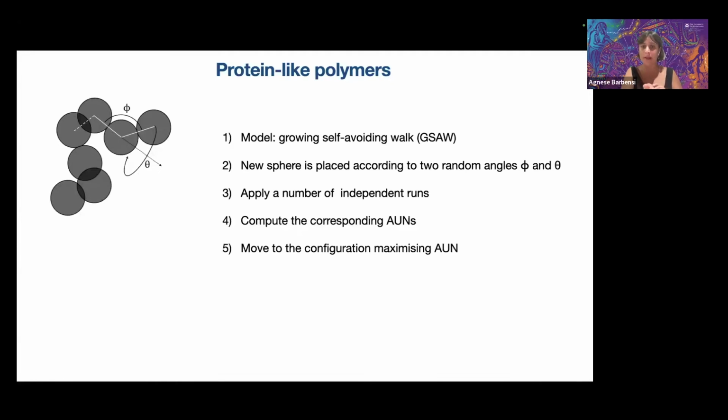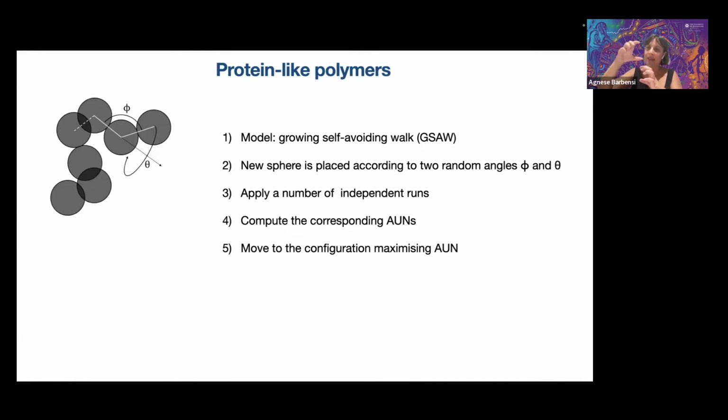given distributions of angles. We can compute the corresponding average unraveling number, and we can move towards those configurations maximizing the average unraveling number. So just to repeat, we can grow our polymer by starting from a short configuration, exploring the possible ways in which this short chain can grow, and then pick those configurations going towards maximal average unraveling number.